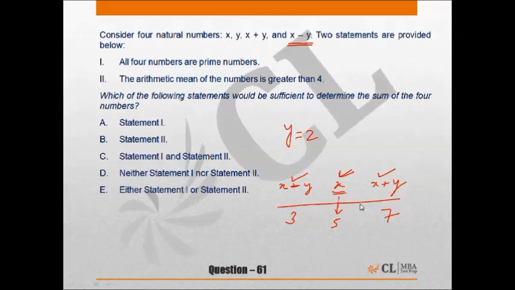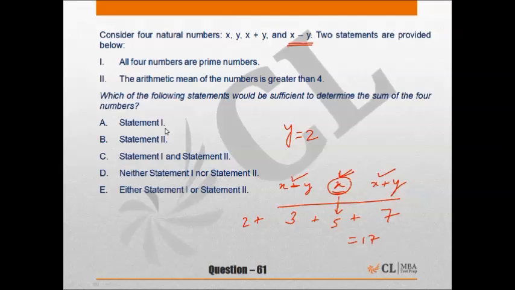So from here we get the value of x as 5, and we already know the value of y. So we can compute the required sum, which comes out as 2 plus 3 plus 5 plus 7, which is equal to 17. So statement 1 is sufficient to determine whatever is asked there.